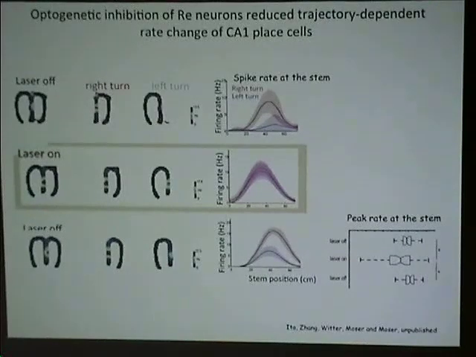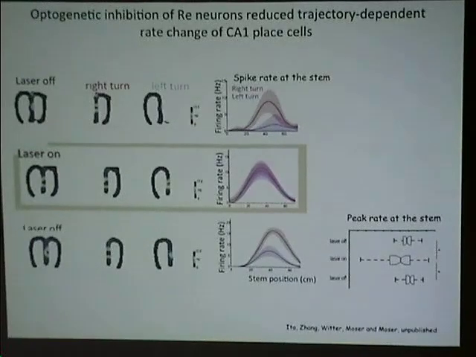Was there any other effect on CA1 besides this when your reunions was turned off? I'm sure there are. We tried to look a lot for changes in temporal activity, theta oscillations, gamma, firing rate of cells.